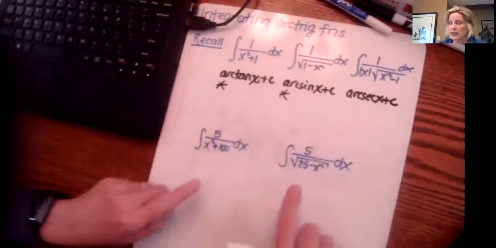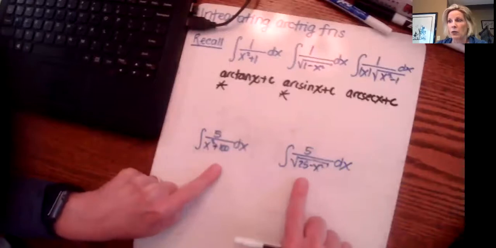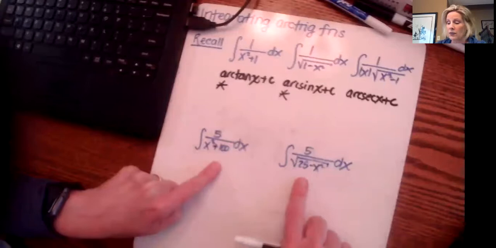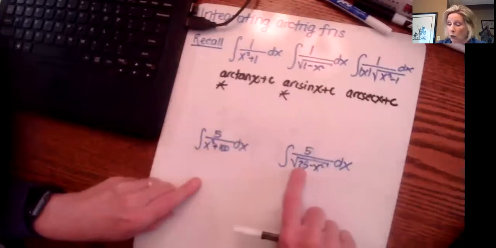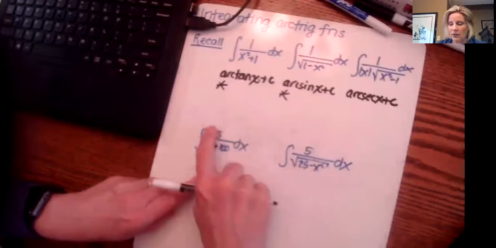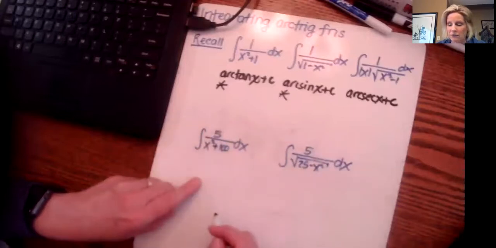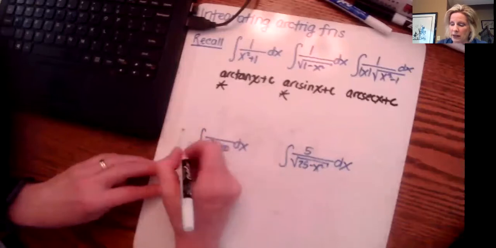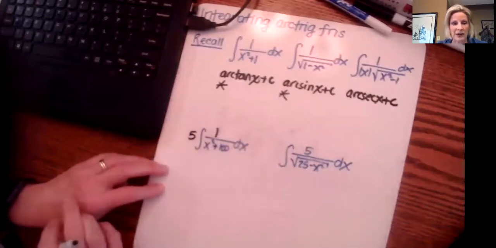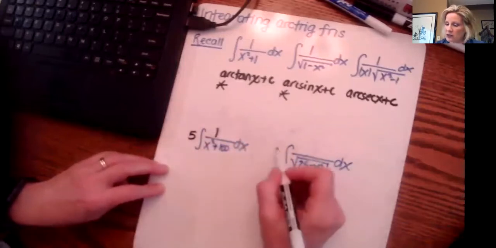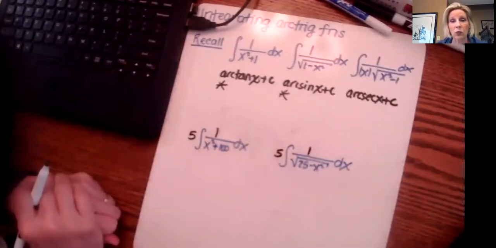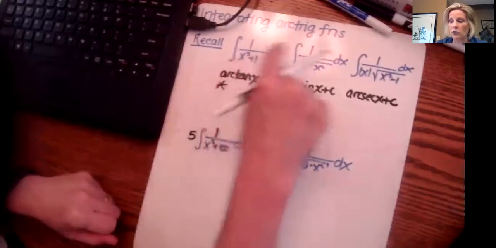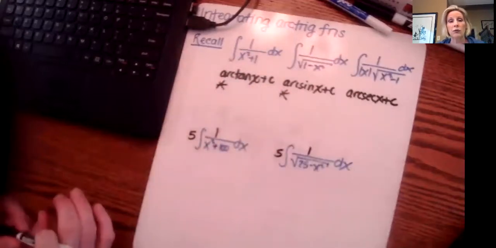So these are similar problems, and we won't do both, but I want you to recognize that both of these are almost x squared plus 1 or 1 minus x squared. The 5 on top's a non-issue because the 5 on top can always be pulled to the outside. So that's sort of a distractor. If you write the problems like that, then they really look closer to the original formats.